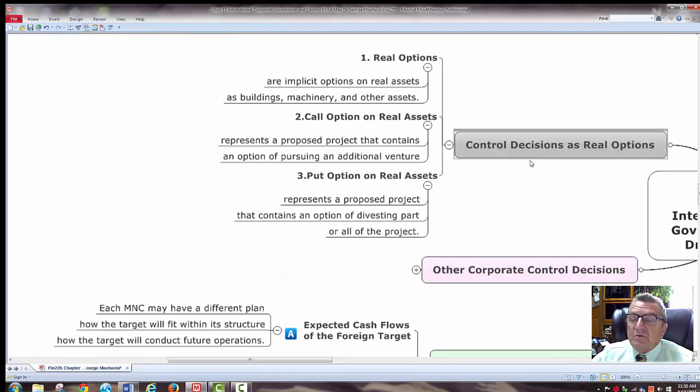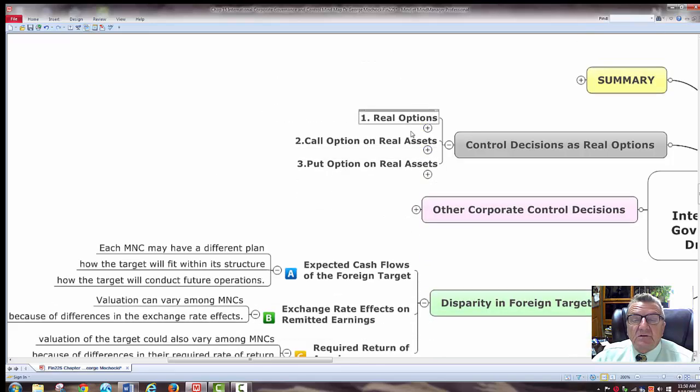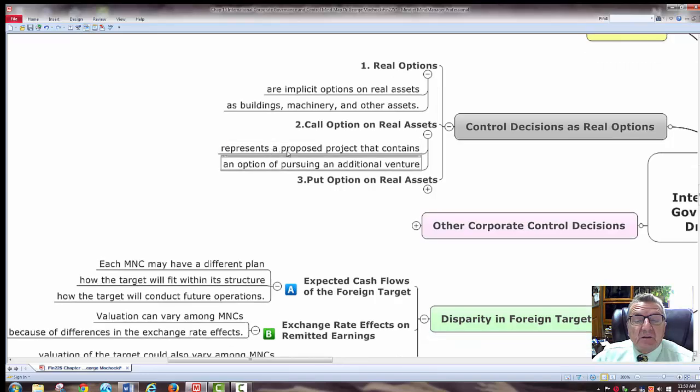Okay, is control decisions as real options. So let's go in here. First of all, let's define what real options are. Implicit options on real assets such as building, machinery, and other assets. Those are real options. Call options on real assets represent a proposed project that contains an option of purchasing additional ventures.